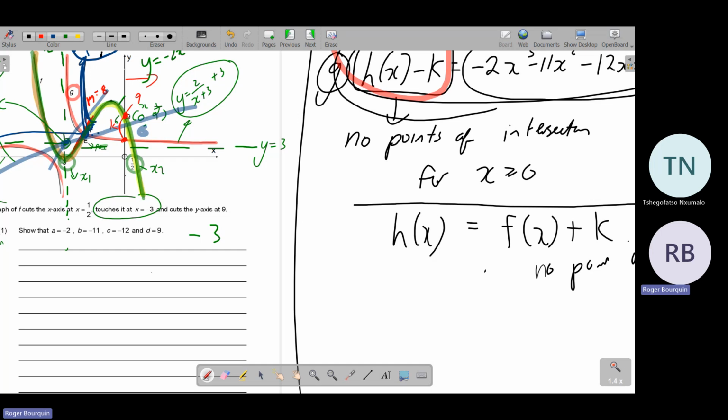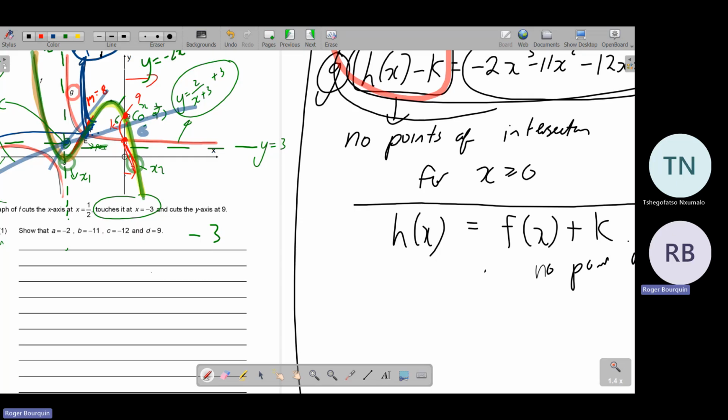I've got to take the green graph and move it down by k units, whatever that is, because after I move it down, what's going to happen? They're only looking at the region to the right of this. They don't care about the other region. Then this graph will now be like that.